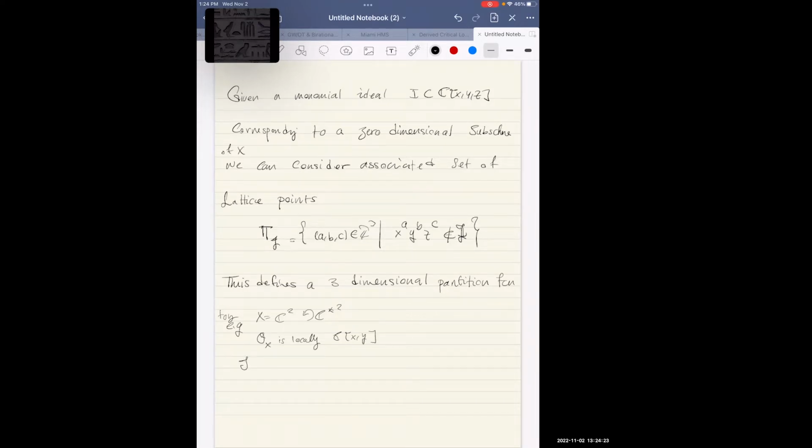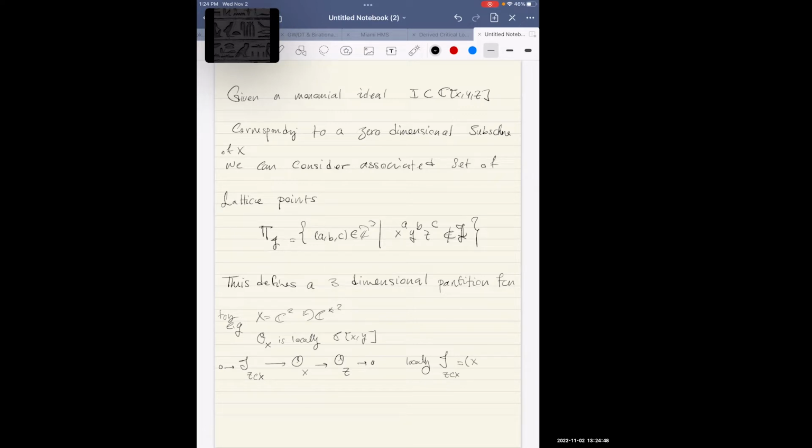I would like to look at ideal sheaves of subschemes inside this X which are given by monomials. The cokernel of this is the structure sheaf of that subscheme. Let us pick a monomial, so locally, I of Z inside X is given by this monomial ideal.